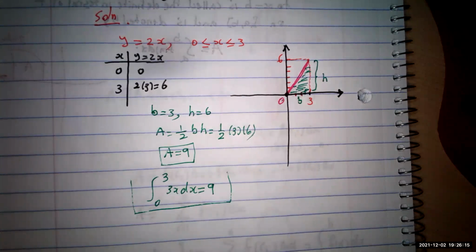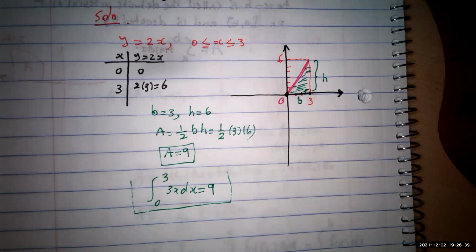So this was easy because the area is just a triangle. But if you give me y equal to x squared, I'm not going to have a triangle. I may have something else. So I won't be able to find the number by observation.